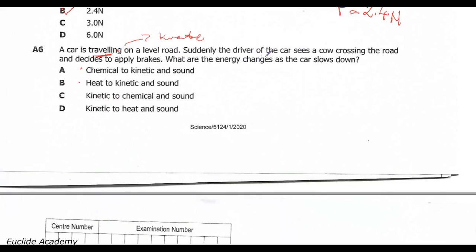Okay, so suddenly the driver of the car sees a car crossing the road and decides to apply brakes. So what happens here? From kinetic, do we go to chemical? Since we've already cancelled A and B, they don't qualify since the car was traveling, so we have to start with kinetic energy. So C and D, is it kinetic to chemical, then sound? I'm sure you've seen a car braking. I don't have to make that sound, but it does make that sound when emergency brakes have been applied, and then you hear that loud sound.